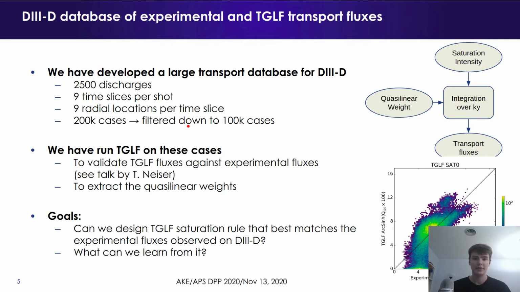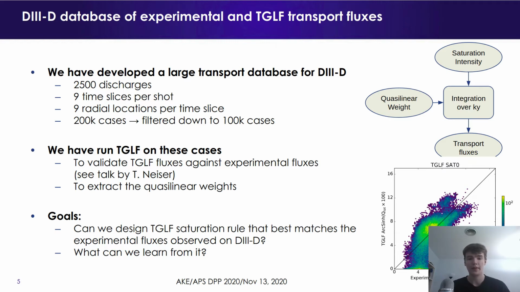Now let's talk about the DIII-D database that we used and the TGLF transport fluxes. So we developed a database. Basically it has 2,500 discharges, 9 time slices per shot, and 9 radial locations per time slice, and we filtered that down from 200,000 cases all the way to 100,000, and then we ran TGLF on these cases to validate the TGLF fluxes against the experimental fluxes to see that everything was working properly.